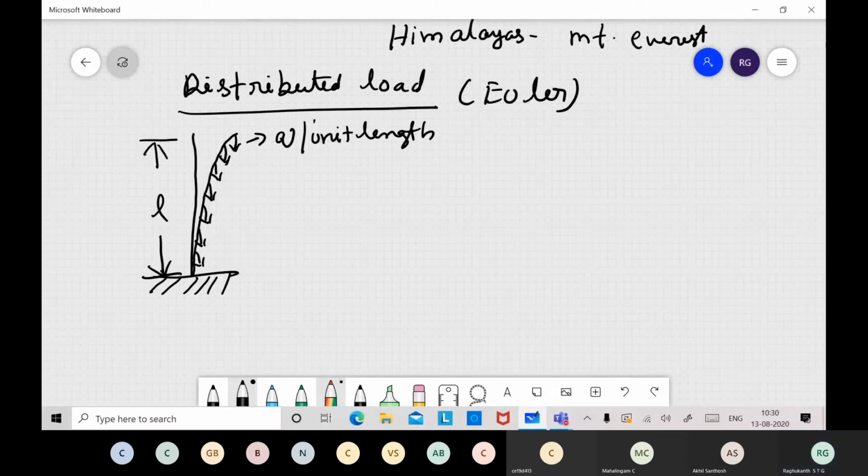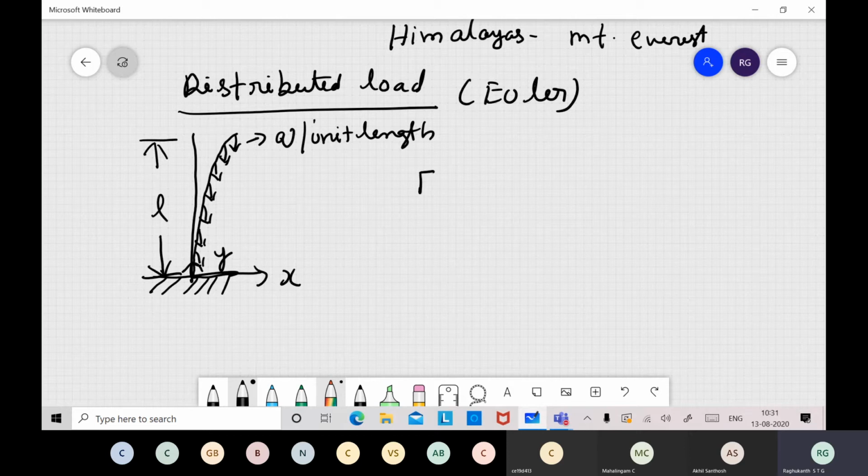Now in the previous case, the origin was at the top. You can take it at the top or at the bottom, just to have a free kind of a thing, so we'll take it at the bottom. When you take it at the top, your bending moment becomes P times y actual. When you take the origin at the bottom, it becomes L minus x, all those things come into the picture.